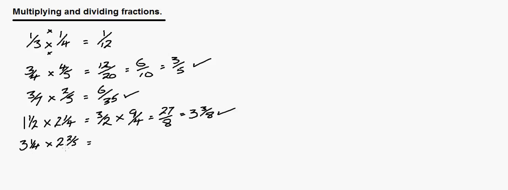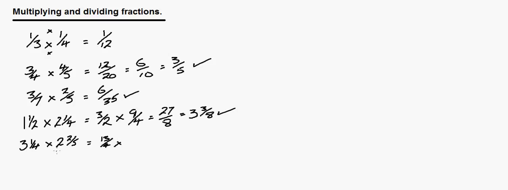So I know that I need to change these to improper fractions. Now I know 4 quarters make 1, so 3 quarters make 12 quarters. 4 quarters make 1, 8 quarters make 2, so 12 quarters makes 3, plus this 1/4 gives me 13 quarters.